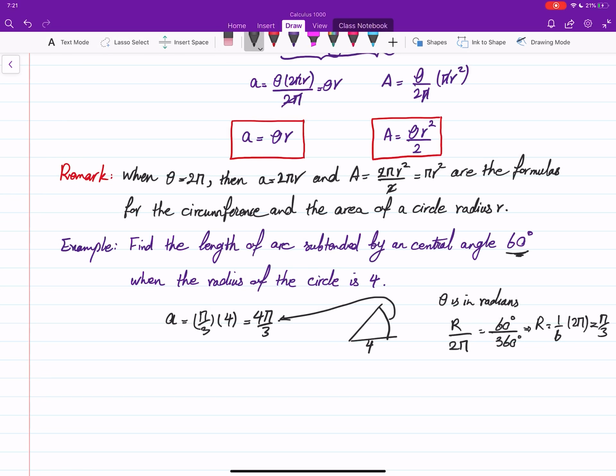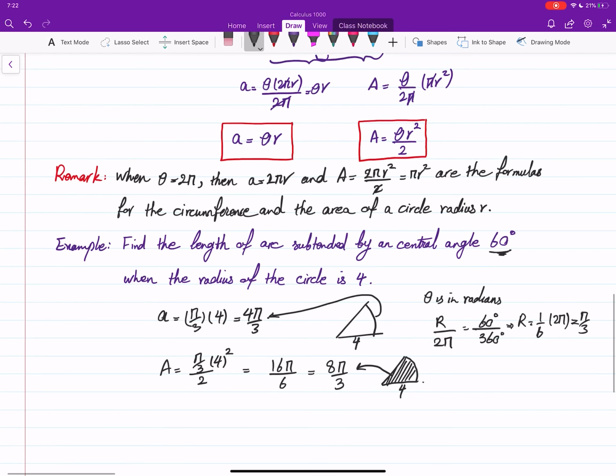Well, we can actually find the area also. Area would be theta over 2 times r squared. So this gives us 16 pi over 6, which we can simplify and write as 8 pi over 3. So that is the area of the sector for the circle of radius 4.